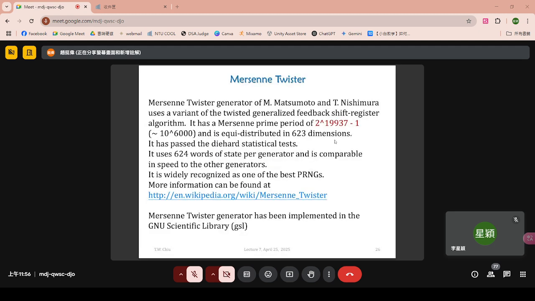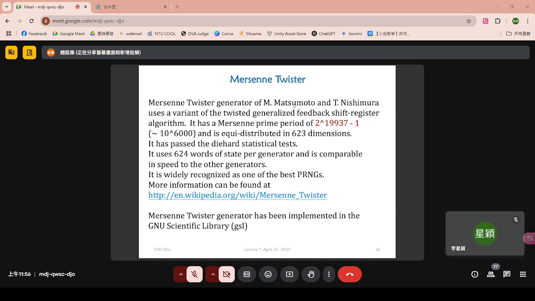Now we come to the Mersenne Twister. So far it is regarded as almost the best, the most optimal random number generator.